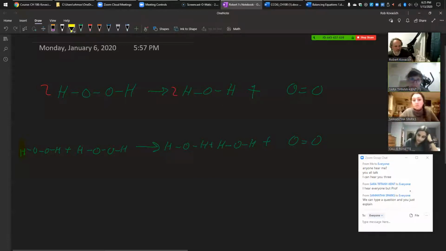We can't really see that. So there's one there, there's one there, there's one there, and there's one there. So that's 4 on the left. And on the right side, there's one there, there's one there, there's one there, there's one there. So that's 4 on the left and now 4 on the right. So the H's are balanced.